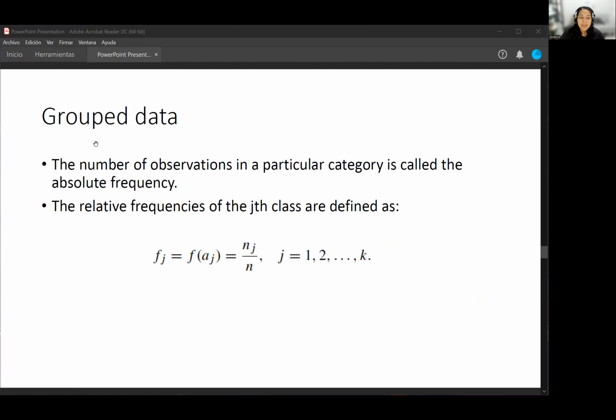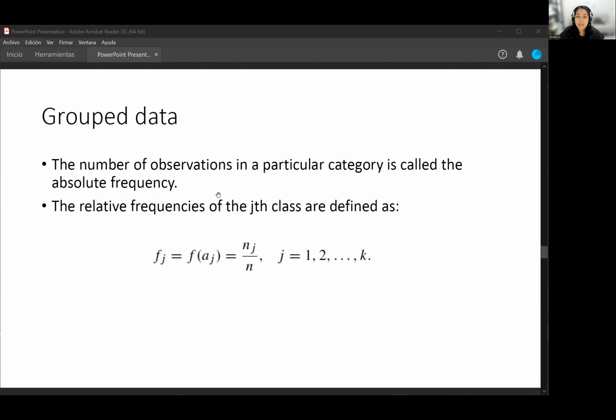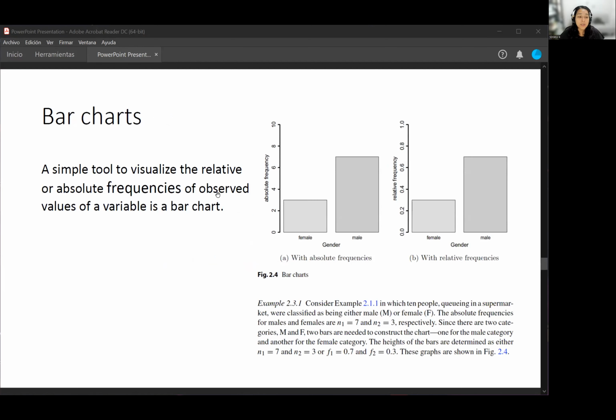When we're grouping the data again, you need to define the frequency tables, how many elements, and you can add percentages for them. So it depends, right? To represent the frequencies of the data, we use bar charts like this.